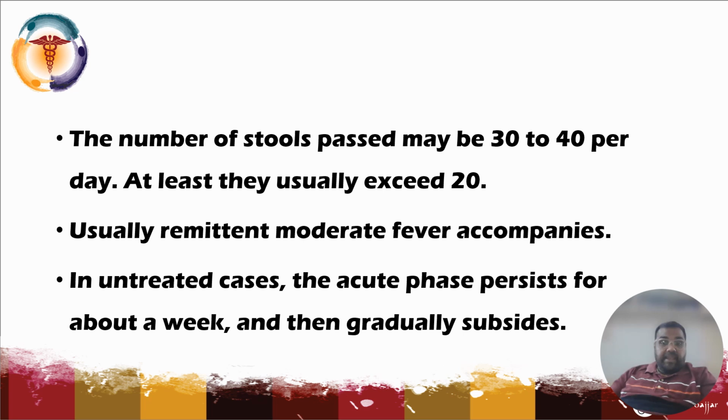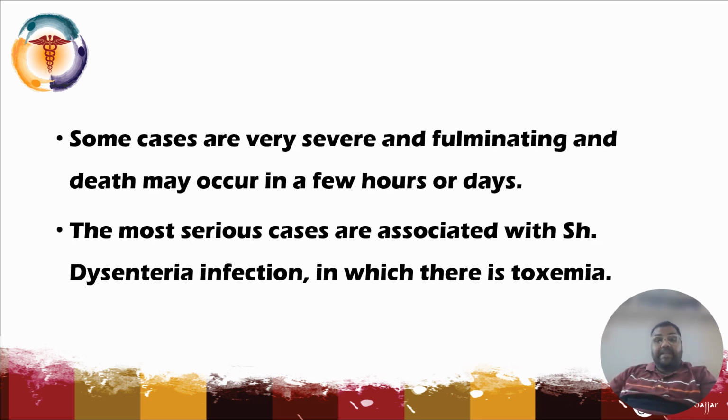Even if the acute phase is not treated, it will last about a week and then subside on its own, right? Some cases are very severe and fulminating, and death may occur in a few hours or days because severe diarrhea can cause water and electrolyte imbalance in the body. If we do not treat that case properly, it may end in death.